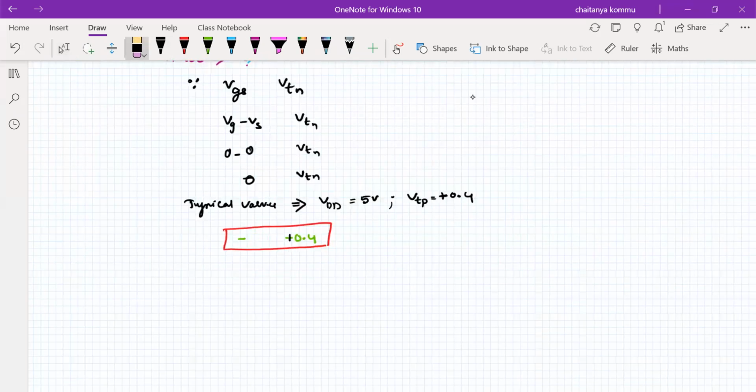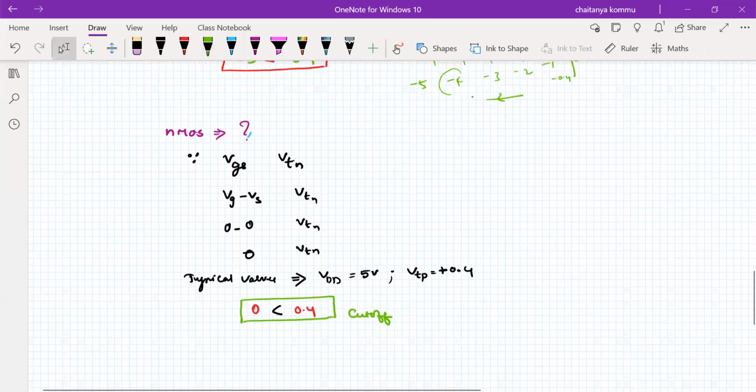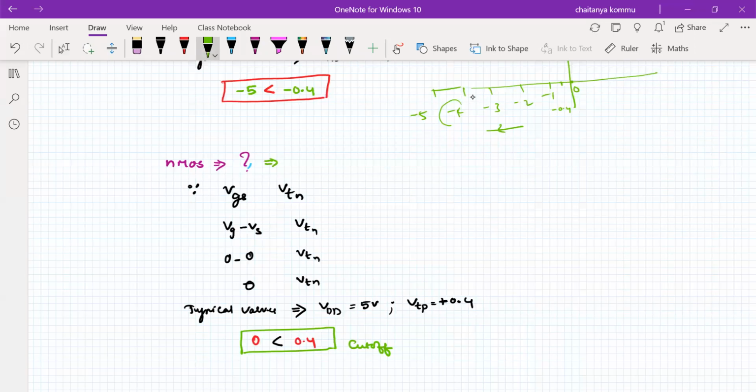Typical values we consider. This is 0, and this is 0.4. So the expression for this one is less than 0.4. Less than 0.4 means it is in cutoff. Therefore, the NMOS transistor is in off mode.